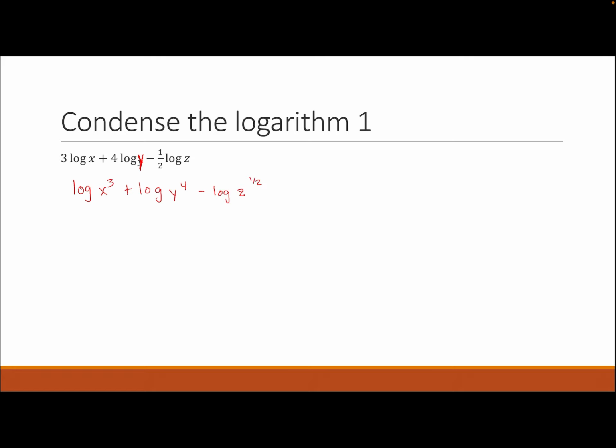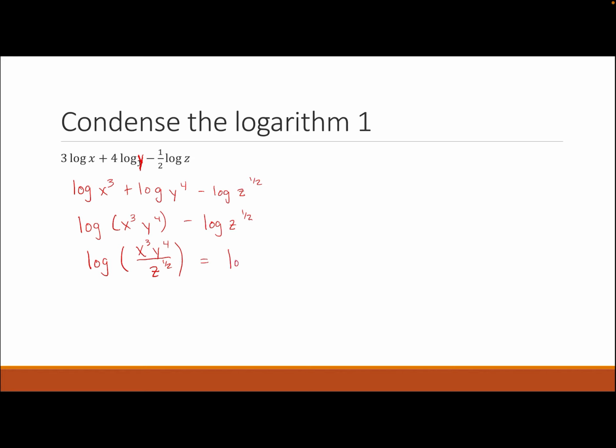And so next, everywhere we add, we want to multiply those things. So we're going to get log x cubed y to the 4th minus log z to the 1/2. And where we are subtracting, we would turn it into division. So we get log of x cubed y to the 4th divided by z to the 1/2.